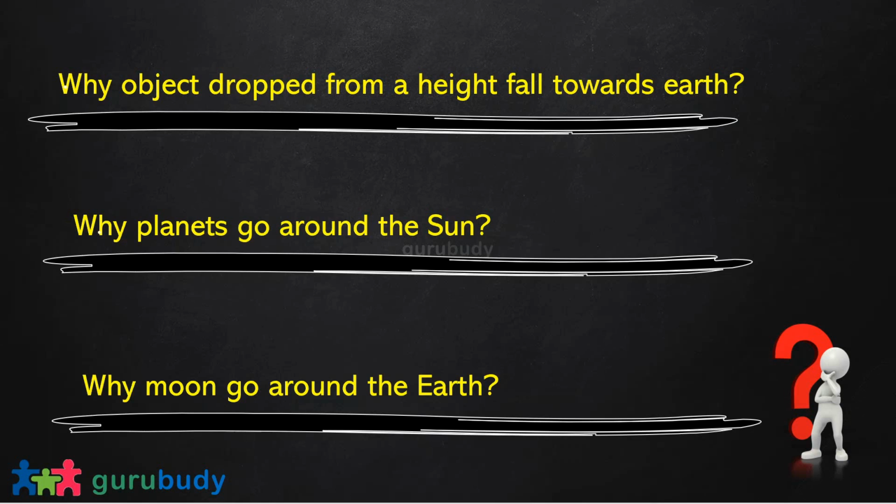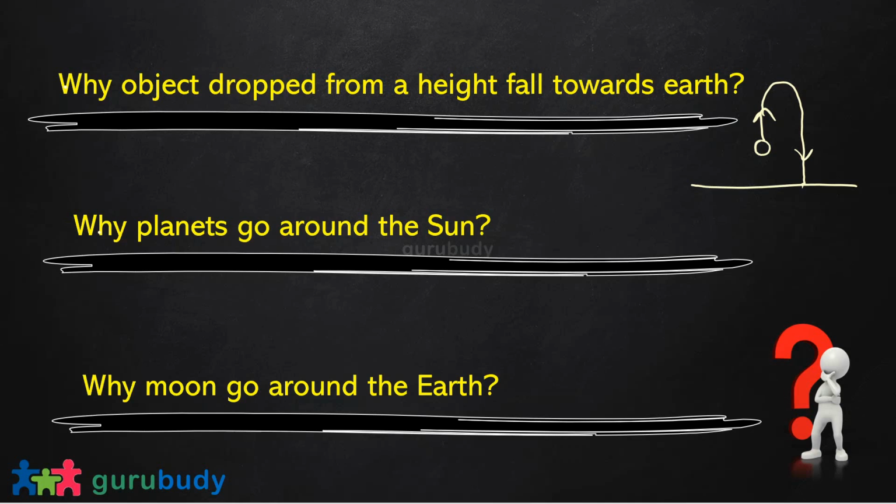So the first question I would like to ask is: when we throw an object up, or an object is dropped from a height, it always falls toward Earth. Why is that? Let's say this is the ground and we have a stone here. If I throw the stone upwards, it will go up and then always come down and hit the ground.